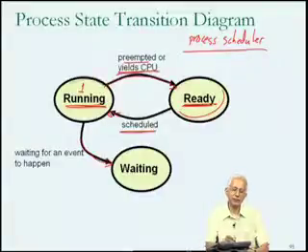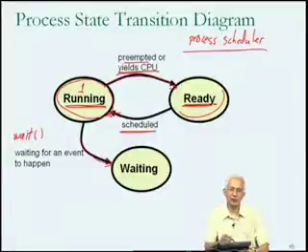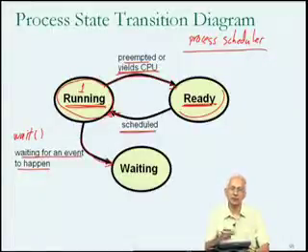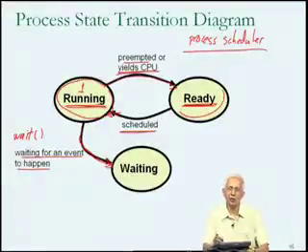So, for example, if there is a process which is running and it executes the wait system call, then we know that it basically wants to sleep until something happens to its child, and in this activity it is waiting for an event to happen, which is possibly the exit of its child, and therefore that is why this is labeled as waiting for an event to happen, the result of which is that it goes into the waiting state. It does not go into the ready state because it is not actually ready to run right now. It will be ready to run only when the event that it is waiting for has happened.